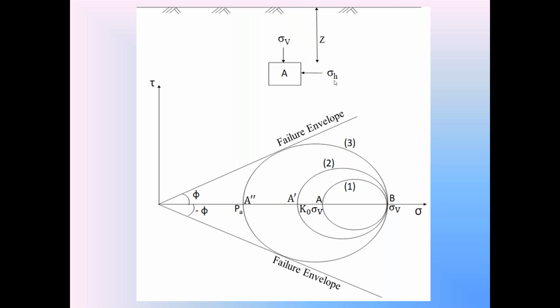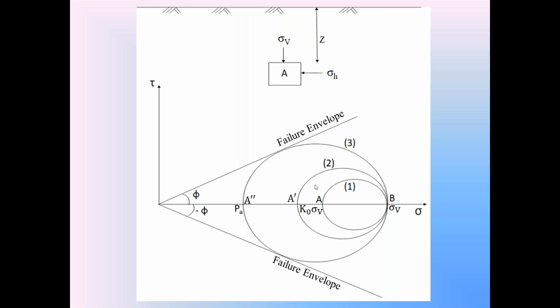Because when this sigma h is reaching this A double dash point on the x-axis, the Mohr stress circle touches the failure envelope. When the Mohr stress circle touches the failure envelope, the backfill behind the retaining wall is under failure condition. That sigma h is called the active lateral earth pressure acting on the retaining wall. So from this origin O to point A double dash, this is the minimum horizontal stress acting on the retaining wall in the active condition, that is called the active lateral earth pressure.